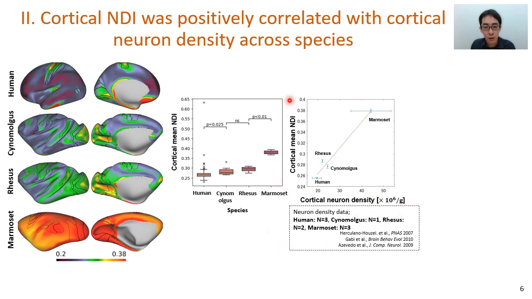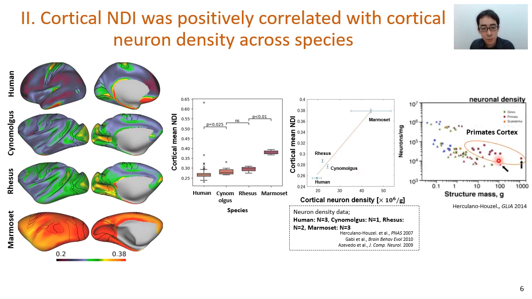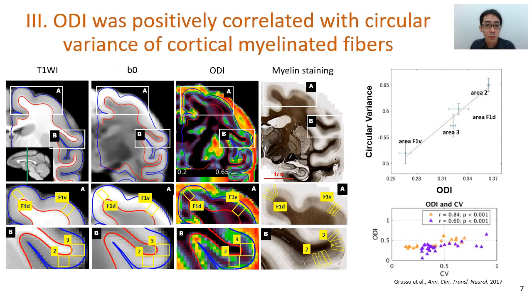A plot of the 4 cortical averages of NDI against neuron density showed a positive correlation, although the number of species is limited by the availability of neuron density data. That said, this relationship between cortical mass and NDI is consistent with the previous literature, showing the negative correlation between cortical mass and neuron density in a greater number of primates.